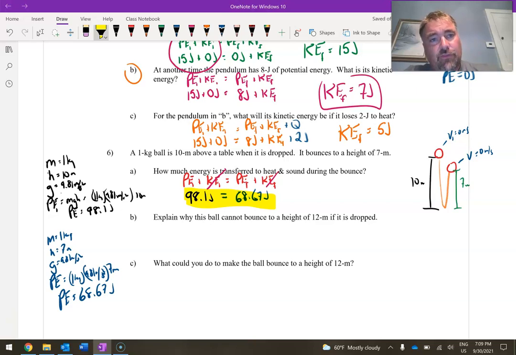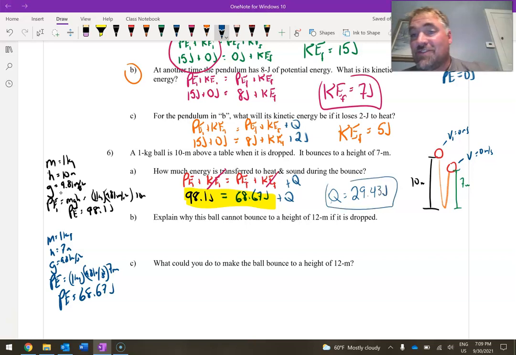So in order to make this work, I have to put in my plus Q, because that's going to be the energy that is lost in the process. And so to find out how much energy is lost to heat and sound, I just solve for Q. So you get 98.1 minus 68.67, and when you subtract that, you get 29.43 joules. And that's what my answer key said before, which may have been a little confusing.